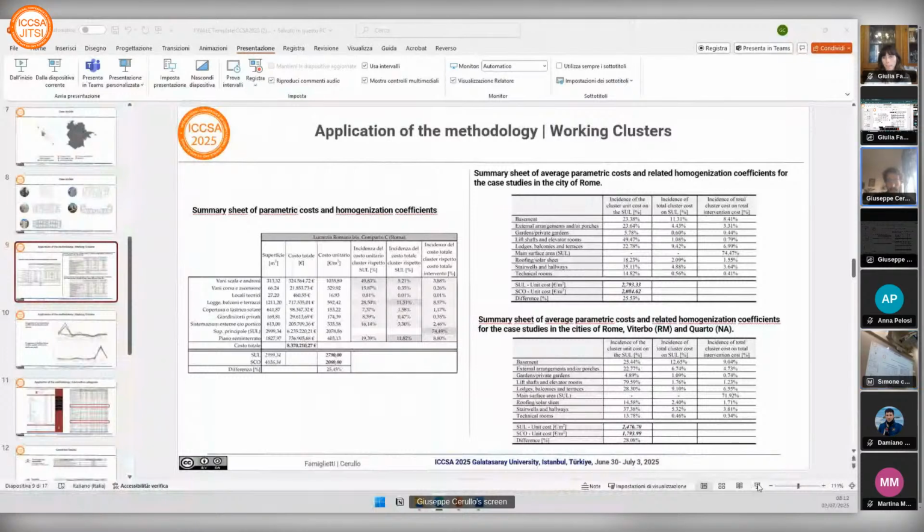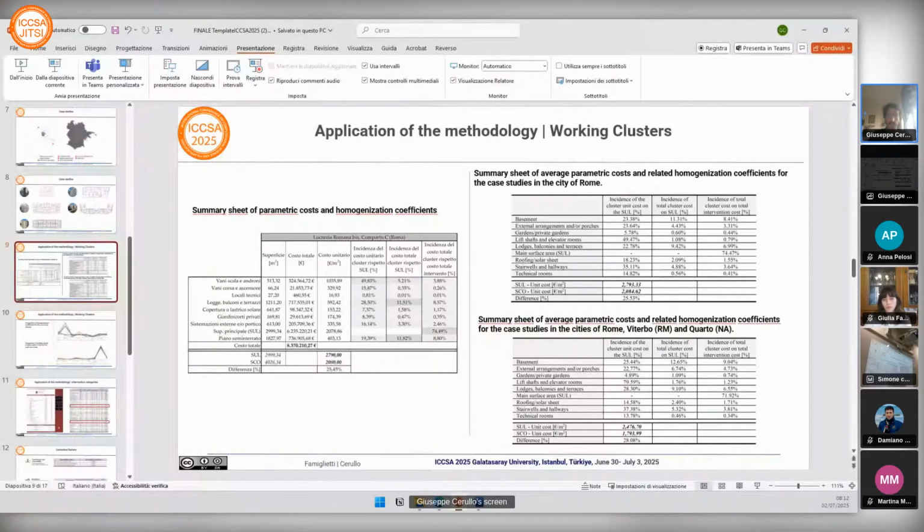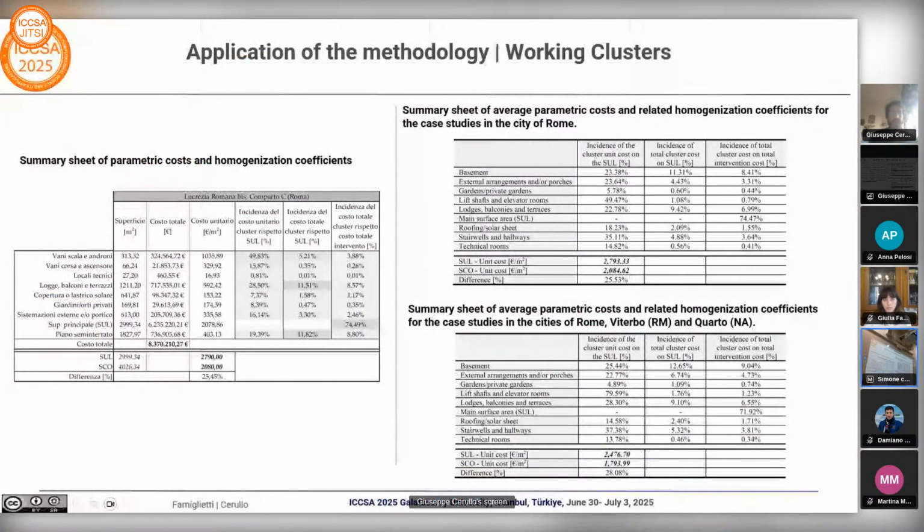Okay. Can you hear me? Can you see? We can only see the standard interface. You should share the full screen and not the application. Okay, now it's working.